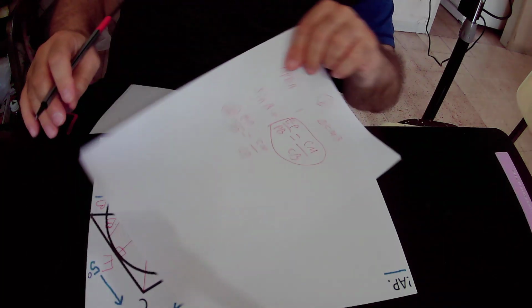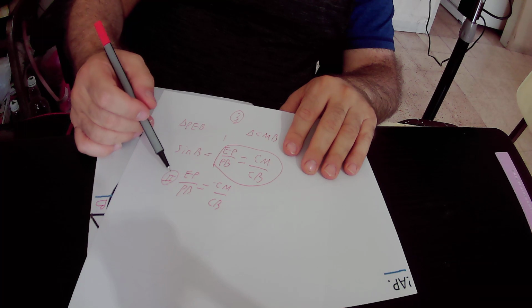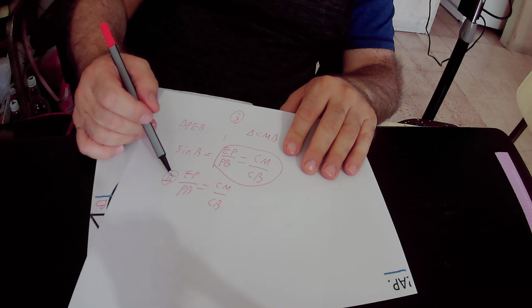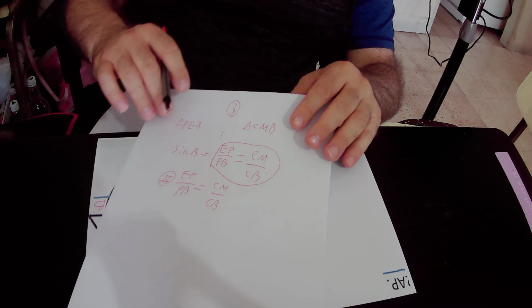So I copied this equality here and I called this equality our second equation. EP over PB equals CM over CB.